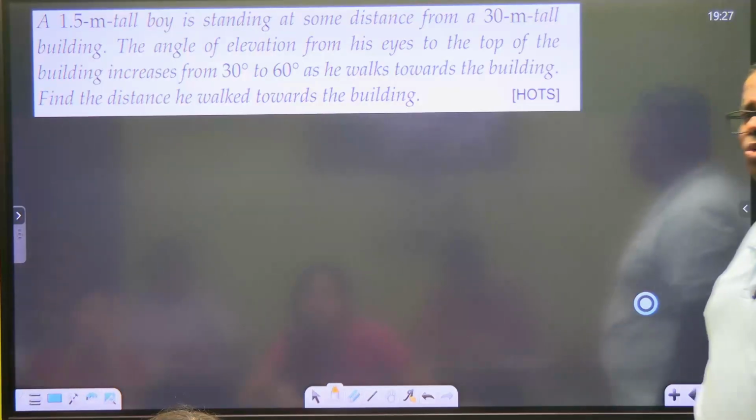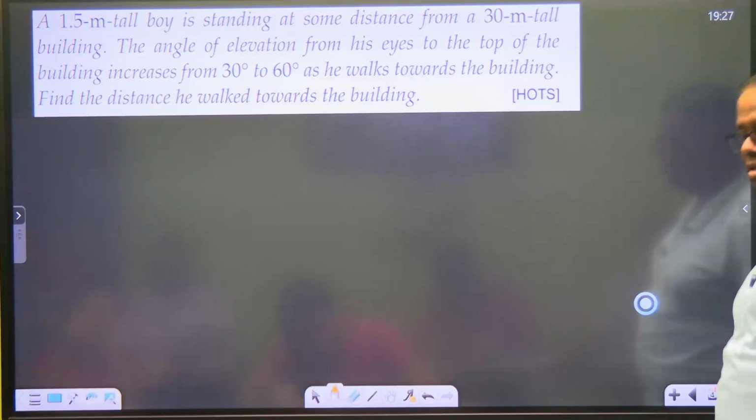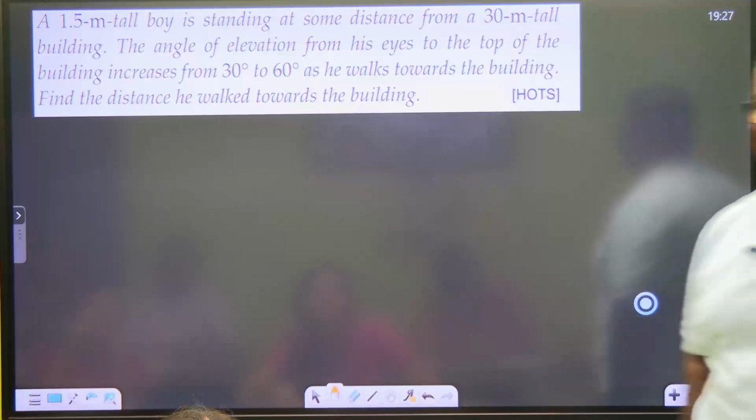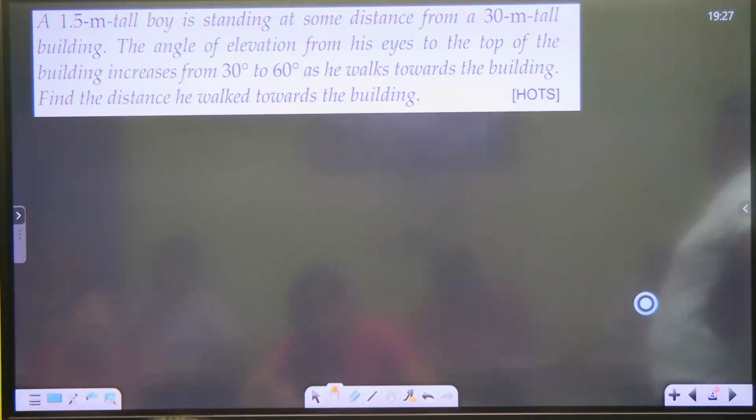Read the question. Don't be in a hurry to make a diagram. That is a tall boy. What all are the objects in this question?